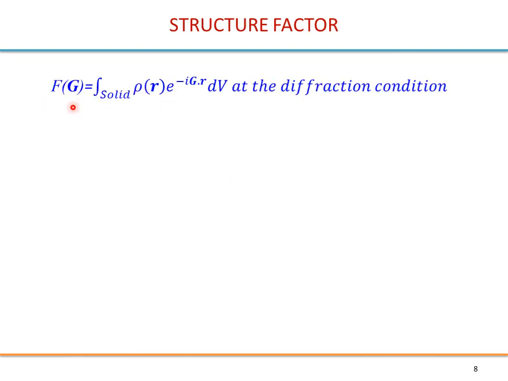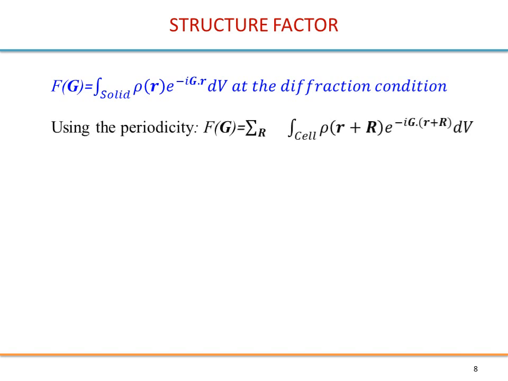So we start with our general formula here. Add the diffraction condition. So I replace delta K by the G vector. So using periodicity, first, this integration is over the whole solid, so we, of course, can integrate over just one cell and sum all the cells.